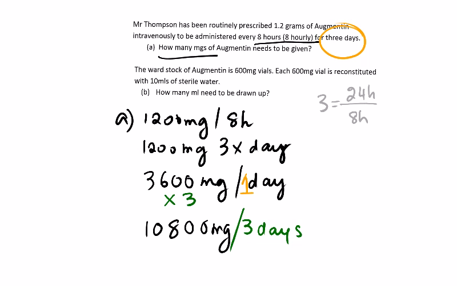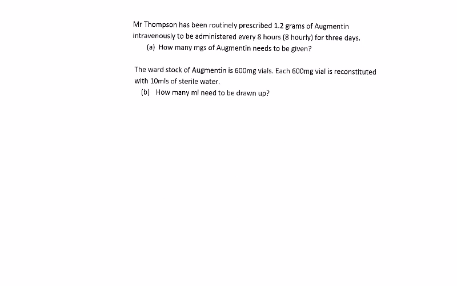So let's look at part B now. We can even say we have to give for each dose 1,200 milligrams 8 hourly. But now we read here that the stock is 600 milligram vials.